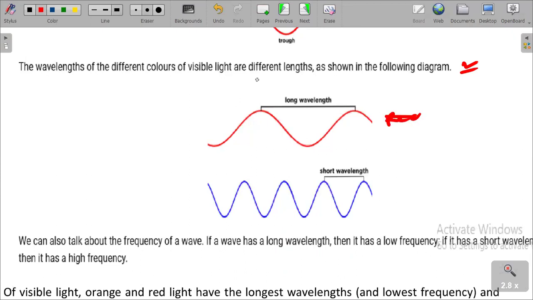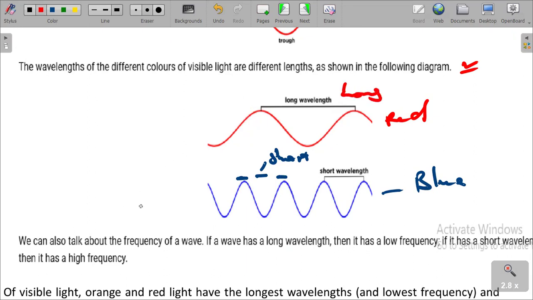This is red, and we can see its wavelength is different. This one is blue. If you look from peak to peak here, it is short. This one has a short wavelength, and the other has a long wavelength.